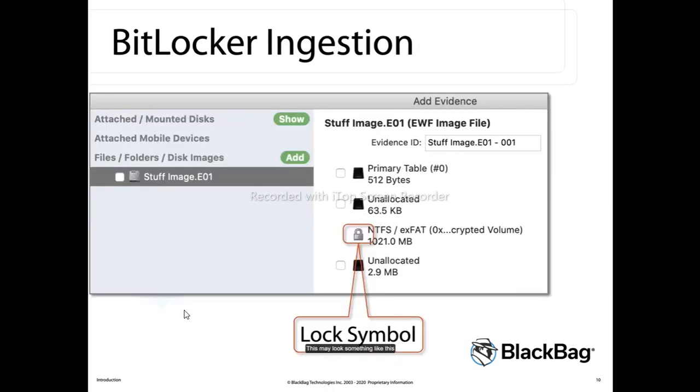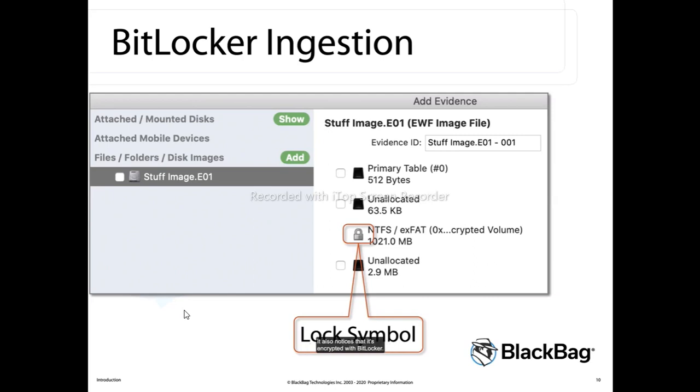This may look something like this when you're bringing in a BitLocker E01. So if you have a Windows computer, you took an E01 image of it, and it was BitLocker encrypted. As it looks through that E01 and it reviews those partition tables, it then sees what you have is an NTFS encrypted volume, and it gives you a size for that.